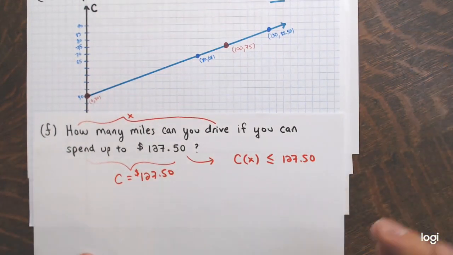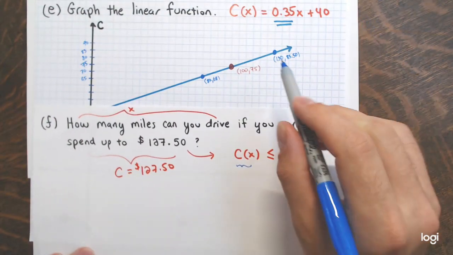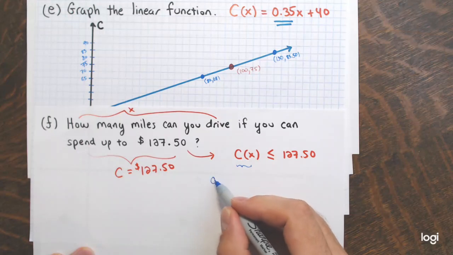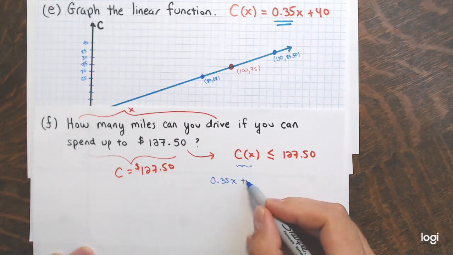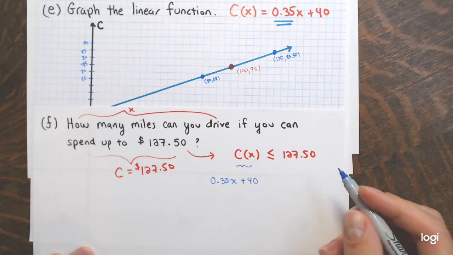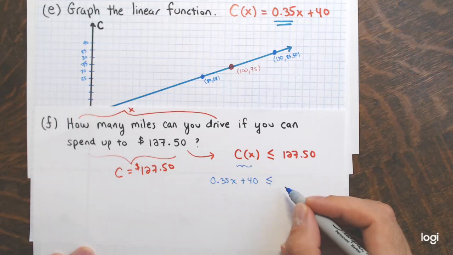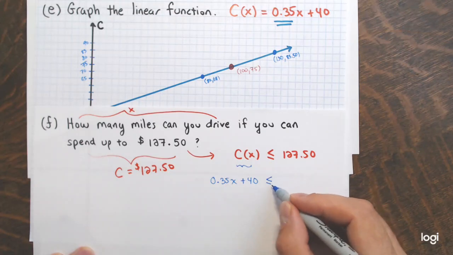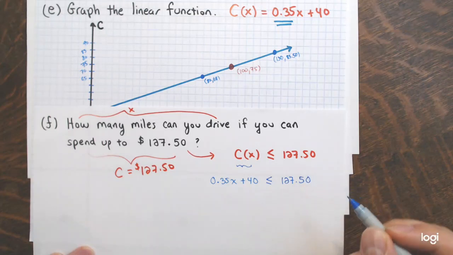All right, so what was the cost of driving x miles? That was again 0.35 times x plus 40, and we're saying that that has to be up to, can't cost any more than, so less than or equal to 127.50. All right.